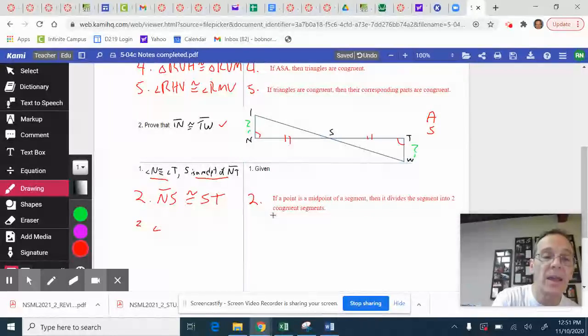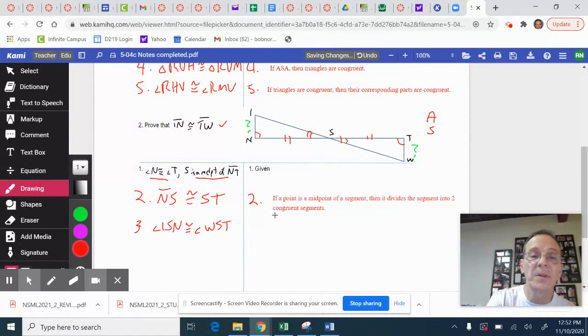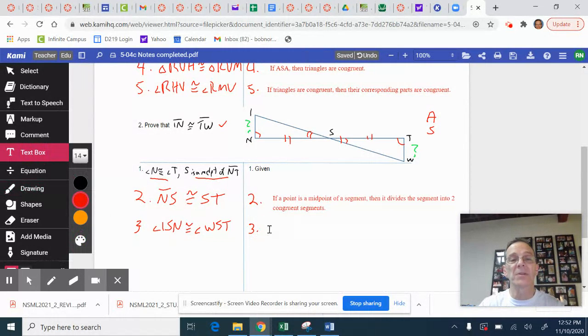We can say that angle ISN is congruent to angle WST. This angle congruent to this one. Why? Well, because they are vertical angles, right? And you've got to give me that explanation.